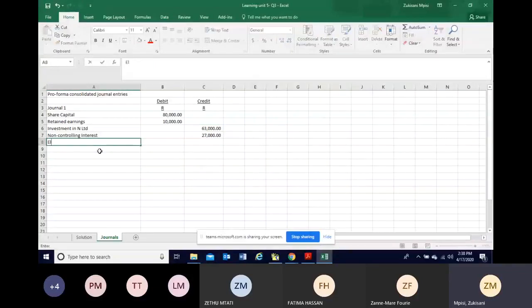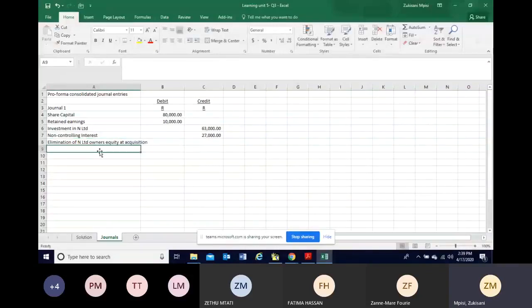And then this transaction is called elimination of LTD owner's equity at acquisition, because this we are doing at acquisition.